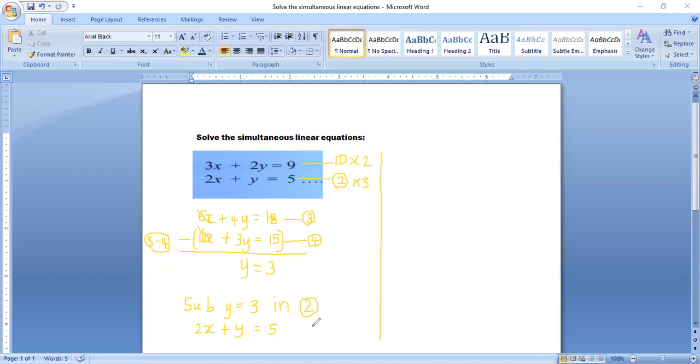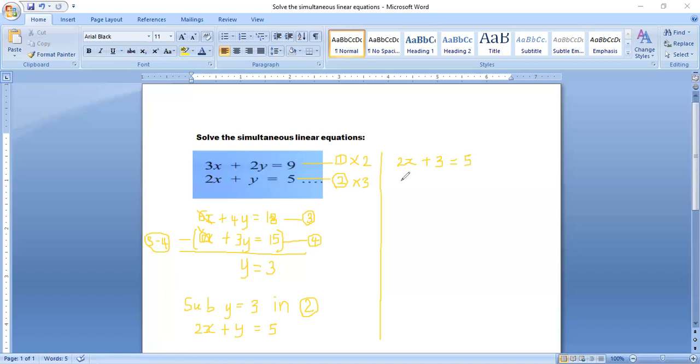So now, in substituting y equal to 3, this is what I'm going to do. Wherever y is in equation 2, I'm now going to put 3 there. So here we go. So now we have 2x plus whatever y is, and we now know that y is 3. So it's 2x plus 3 that is equal to 5. All right? So we're going to solve for x. And the first thing we want to do is to take over 3 from the left-hand side to the right-hand side.